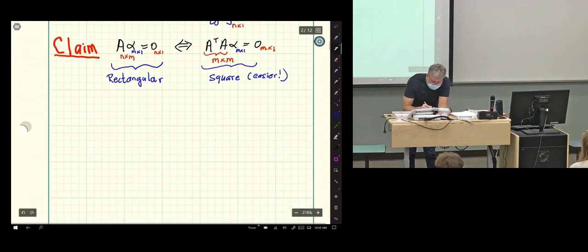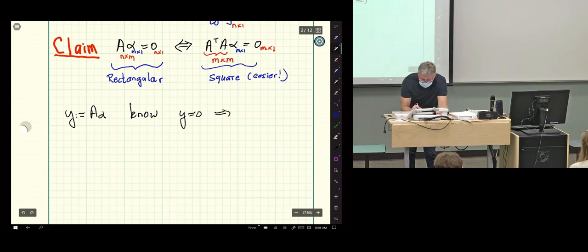This is what I'm going to do. I'm going to define y equals A times alpha. That's a definition. And then I know y equals 0 if and only if y transpose y equals 0.